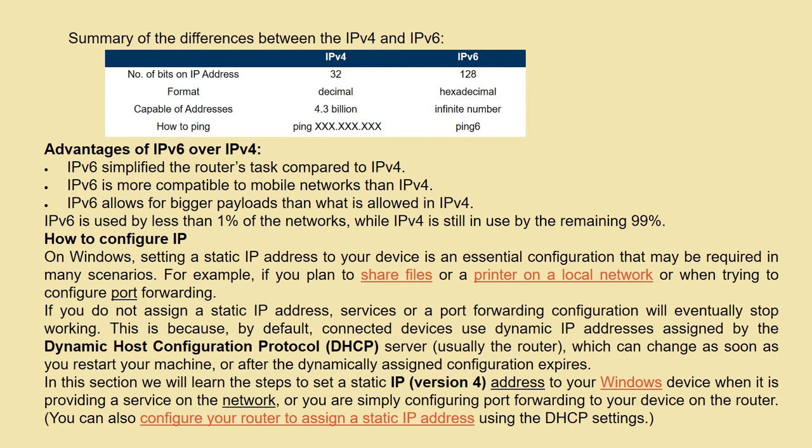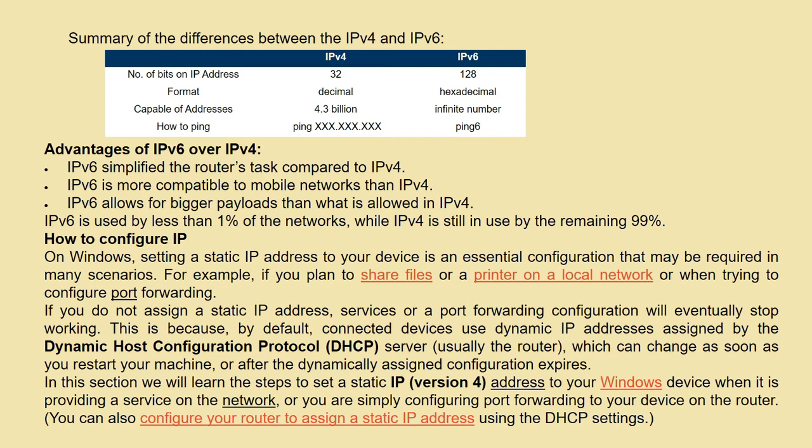This is because by default connected devices use a dynamic IP address assigned by the Dynamic Host Configuration Protocol, that is the DHCP server, usually the router, which can change as soon as you restart your machine or after the dynamically assigned configuration expires.